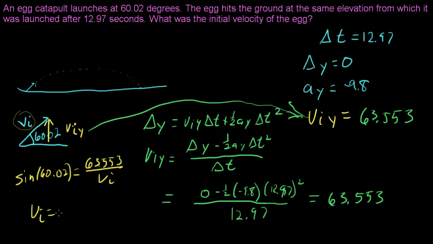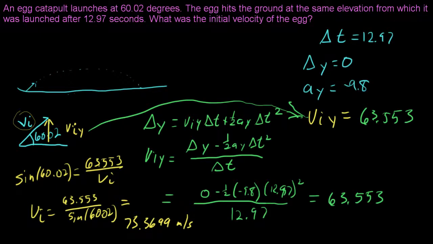So VI equals 63.553 divided by sine of 60.02. So that is, I got 73.3699 meters per second. And again, let's check.